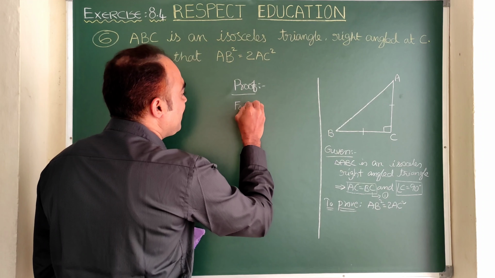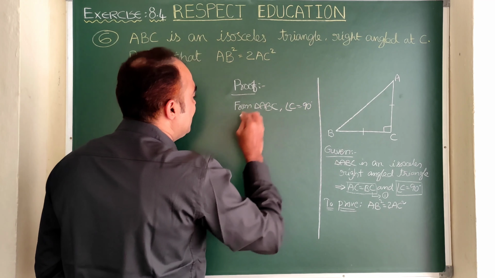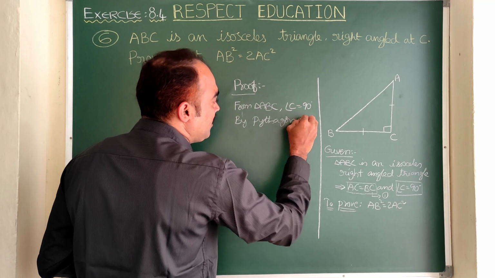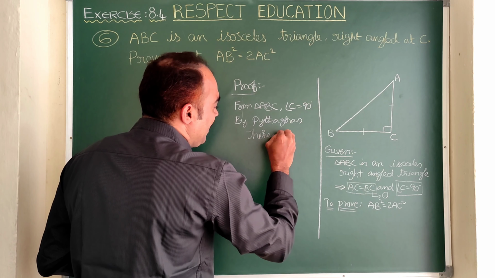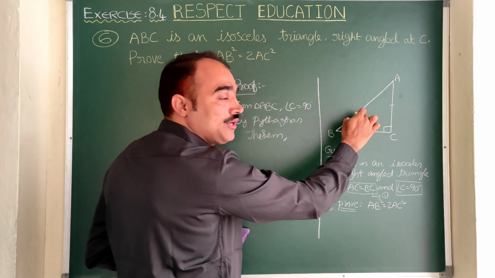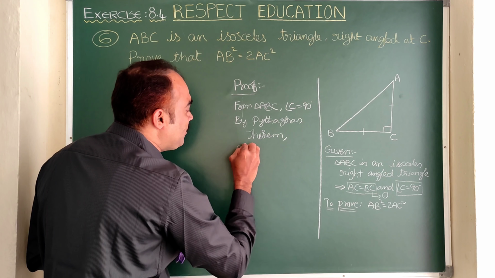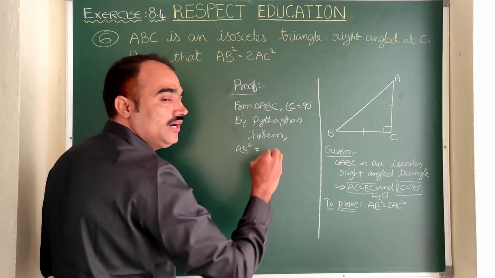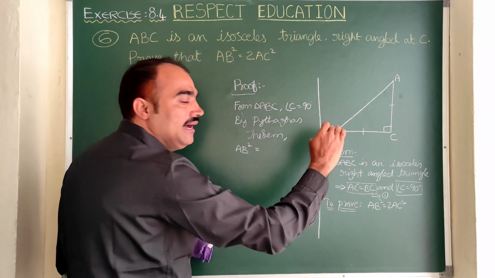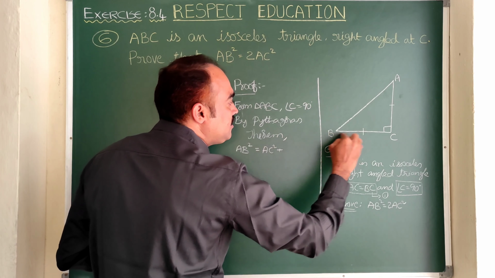So from triangle ABC, whereas angle C equal to 90 degrees, so we can write by Pythagoras theorem, Pythagoras theorem says that square of the hypotenuse, here AB is the hypotenuse, clear? AB is the hypotenuse. So square of the hypotenuse means AB square is equal to sum of the squares of the other 2 sides. Other 2 sides are AC and BC. Let us take their squares and their sum. So here we can write AC square plus BC square.